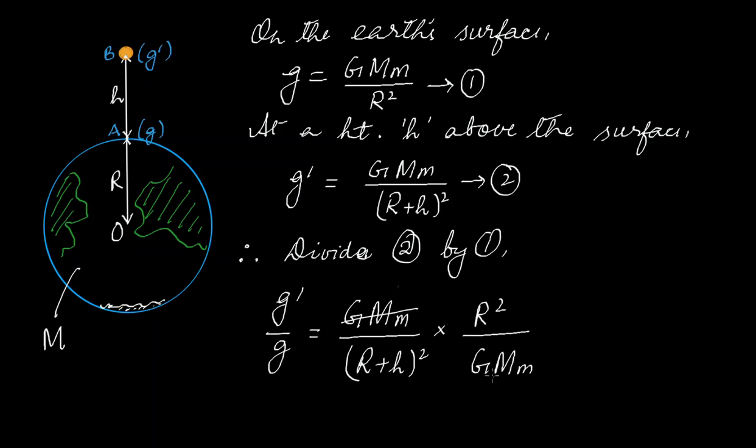So I can cancel this part and this part, so I'm getting r square by r plus h whole thing square. All right, so this implies g dash by g is equal to r square by r plus h whole thing square.